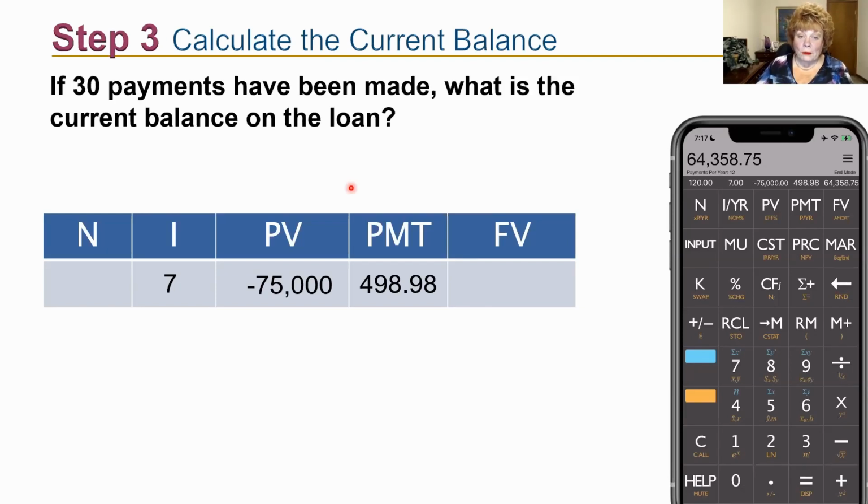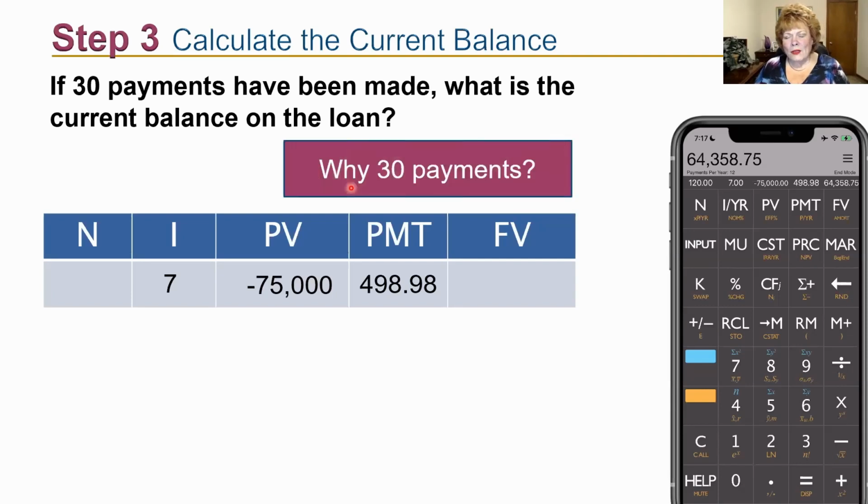So if 30 payments have been made, what is the current balance on the loan? Do I see anybody going, wait a minute, Donna? Why 30 payments? Because he said it called for 29 payments. Here's the deal. We can't close like that. We can be fast, but not that fast.